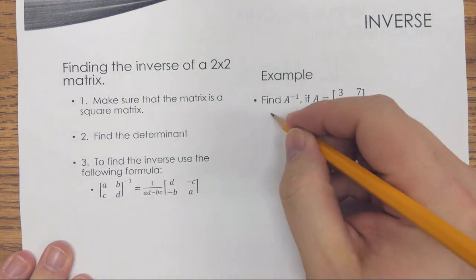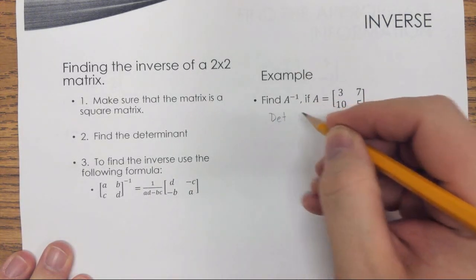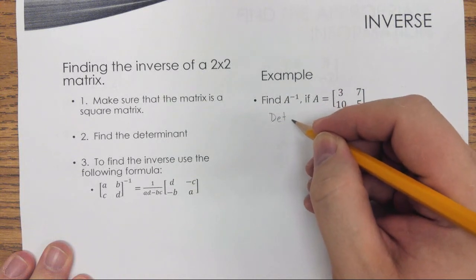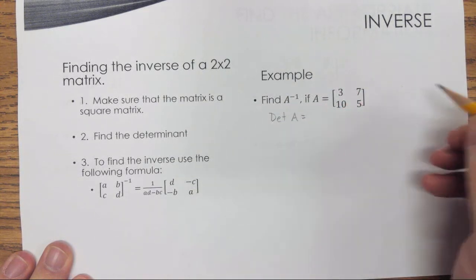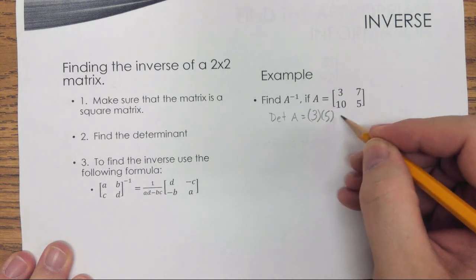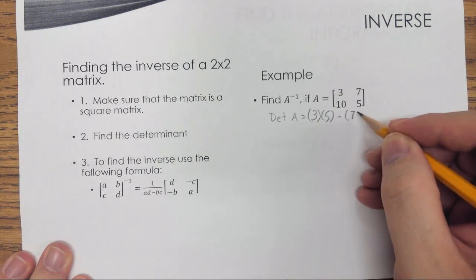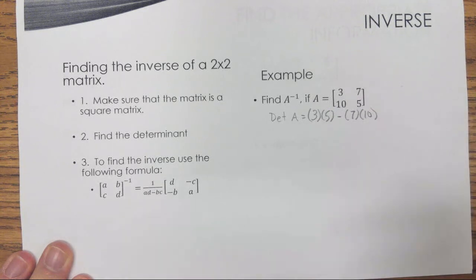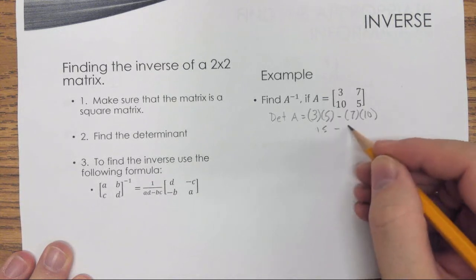Okay, so the determinant of A equals 3 times 5 minus 7 times 10. That's 15 minus 70.